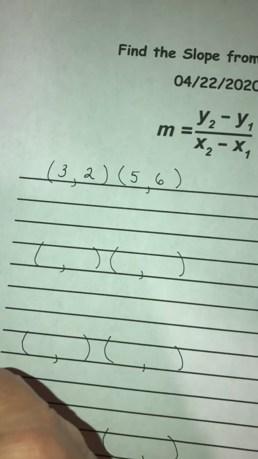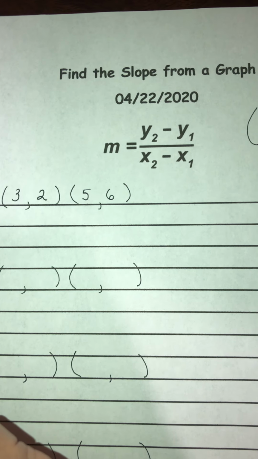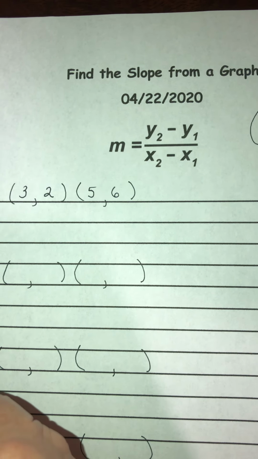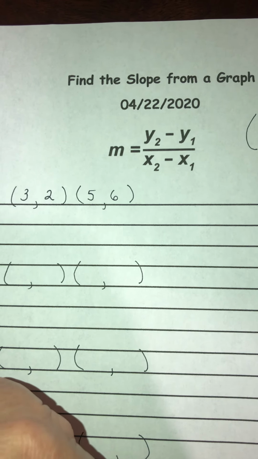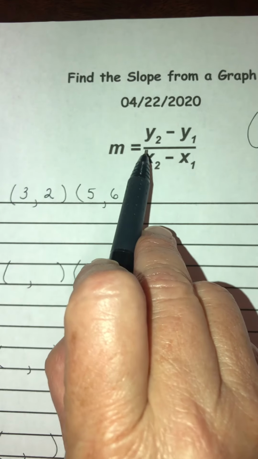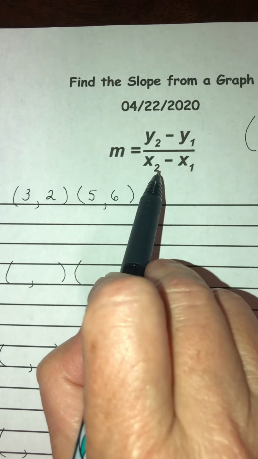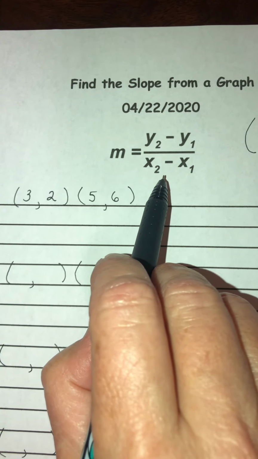Now, the one thing that I do recommend is that you label your ordered pairs. They are ordered because they go x, y, which means they have a particular order. In the formula, you can see that they have these labeled, and we call these little numbers subscripts, just to identify.